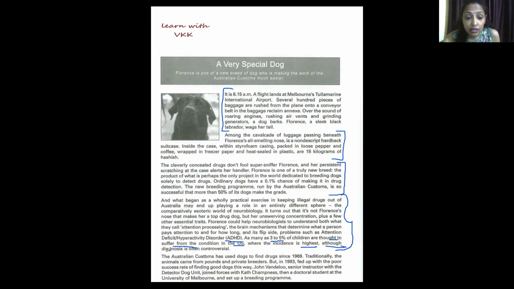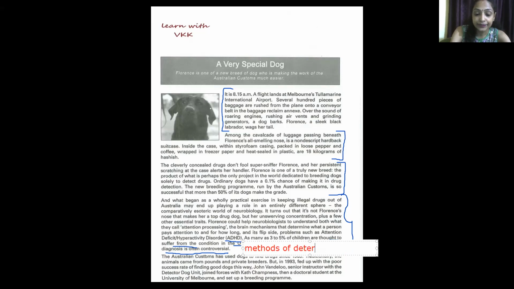Although diagnosis is often controversial. Notice whose diagnosis they are talking about. What is the writer talking about? The diagnosis of ADHD. This word diagnosis is similar to methods of determining ADHD. But are the methods highly accepted?